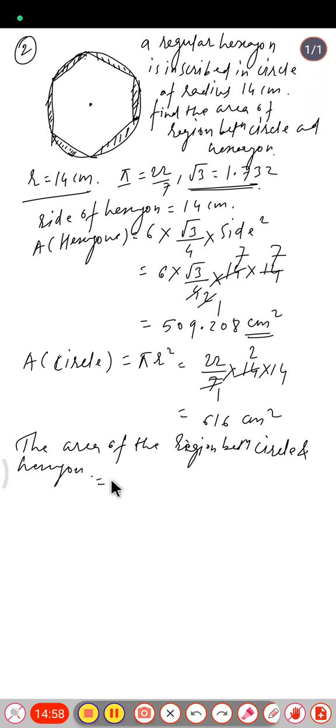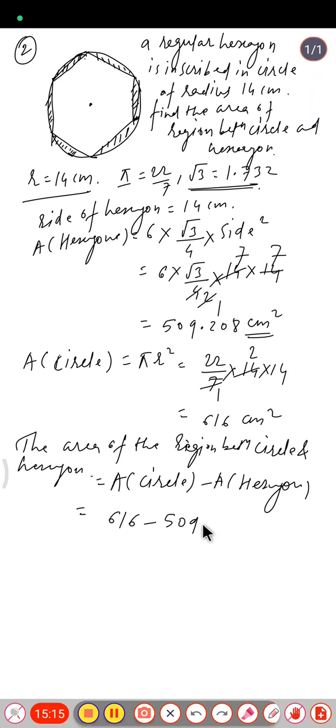That is the area of circle minus the area of hexagon. We just put the value here: 616 minus 509. So this is the required answer.